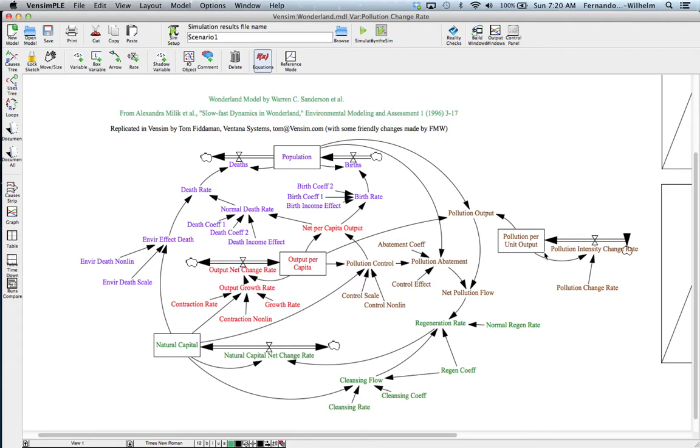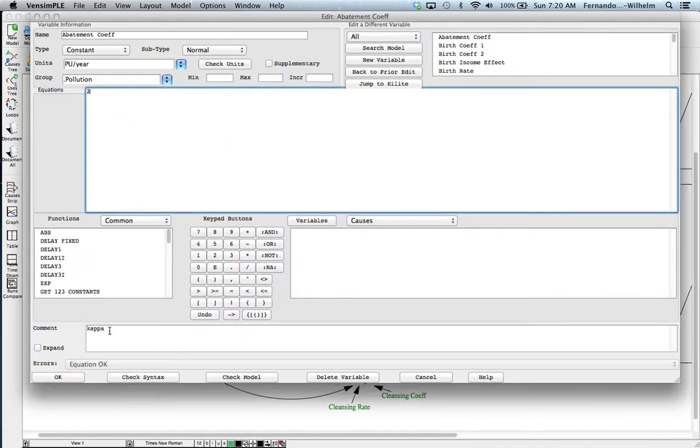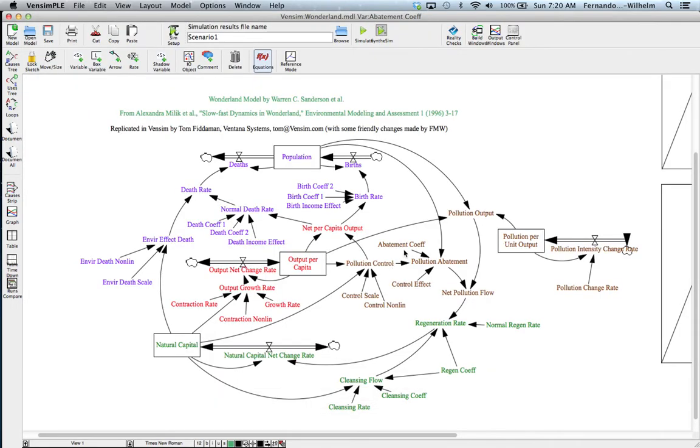I made those comments in the presentation. But then pollution drives pollution output, which affects the nature regeneration rate. There's again a series of coefficients that appear here, like the abatement coefficient, kappa, which has a value of 2, and the units are all there, and you can see how the information flows.